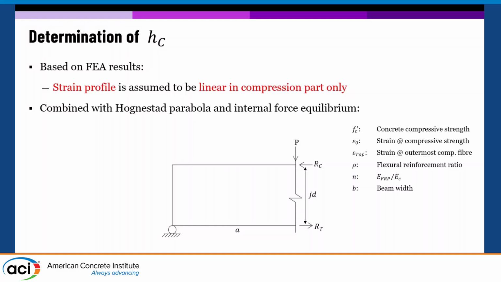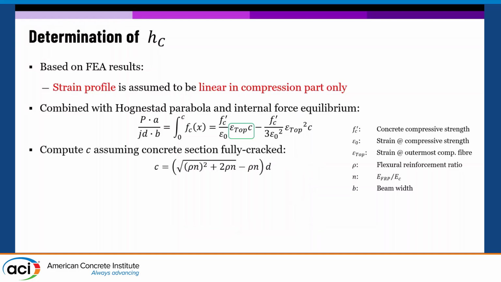You could use other models for any parabola that is describing concrete compressive response. And from equilibrium, we are looking to calculate epsilon top, strain on top of the beam, and the depth C of the compression zone.